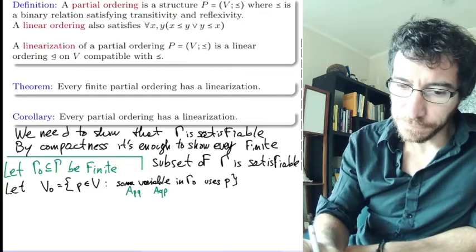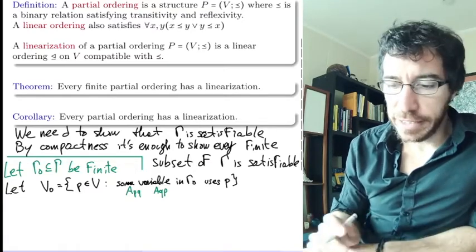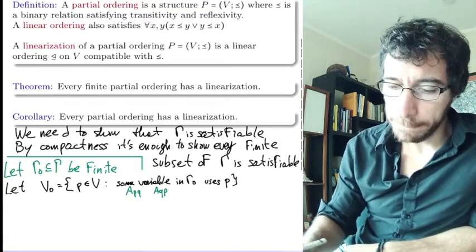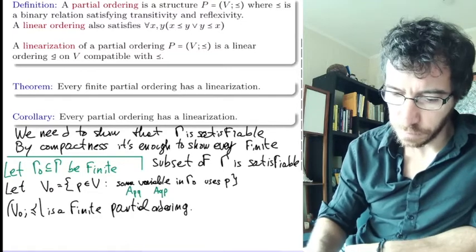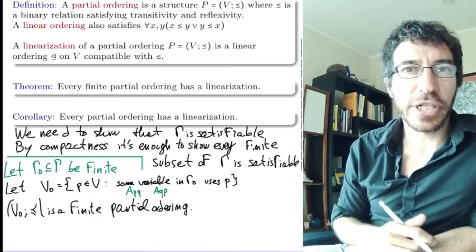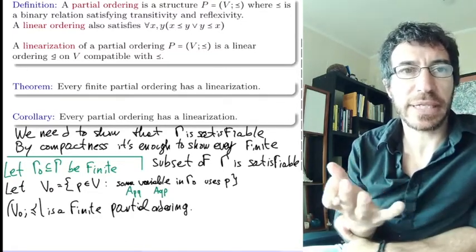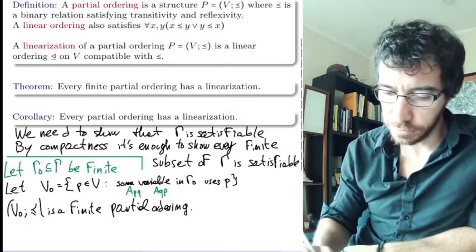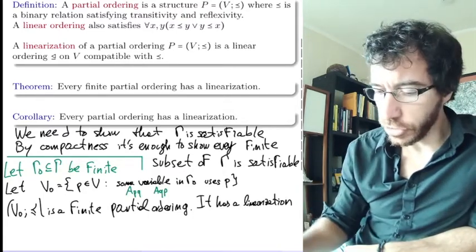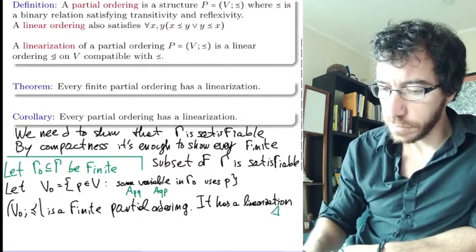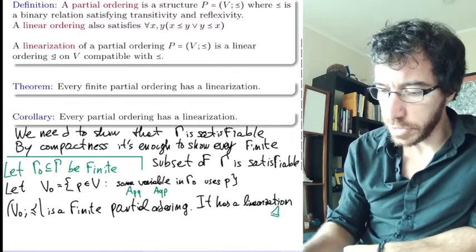And now we have essentially a finite partial ordering. And if it's a finite partial ordering, by our assumption, it must have a linearization that we can call triangle less sub 0.